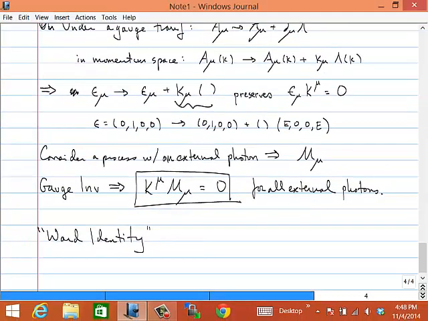And the remarkable and important thing is that it's something that must be true in order for the theory to be gauge invariant, but it's also something that's not at all obvious from our description of the theory in terms of Feynman diagrams. So we've developed some systematic way of calculating scattering amplitudes in terms of Feynman diagrams. We believe that this rule should be true, but we haven't proven that it's true.